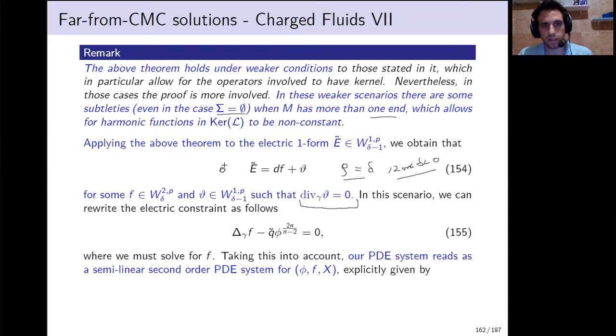Since the electric constraint is given by taking the divergence, the divergence of the second part is going to be killed by this condition, and we're going to get the Laplacian, and therefore the electric constraint is rewritten as this second order PDE. And therefore our PDE system is going to be posed on the conformal factor, the electric potential, and the vector field X.